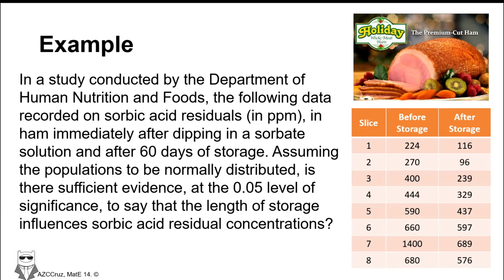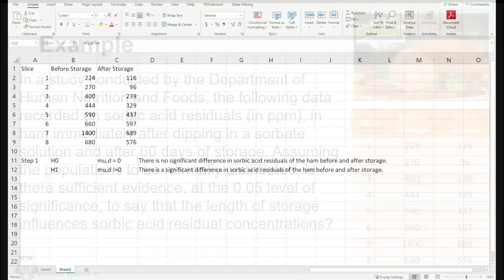Then that will be a one-tailed test. Pag sinabi niyang increase, or based sa data mukhang nag-decrease siya, so pwede niya sabihin na, can I conclude that the length of storage decreases the sorbic acid residual concentration? Then kung ganyan yung pagkasabi ng problem, then we should do a one-tailed test. Okay? So again, class, always look at the language kung paano state yung problem para malaman nyo kung two-tailed test ba siya or one-tailed test. Okay?